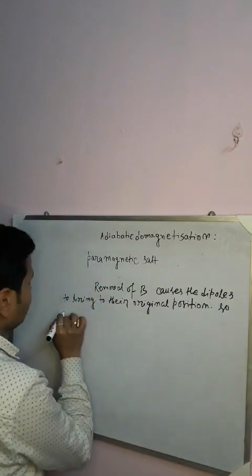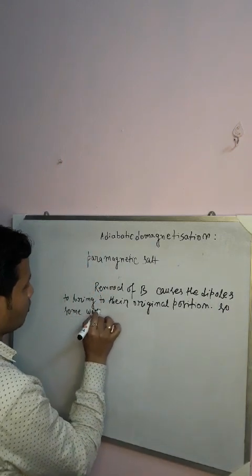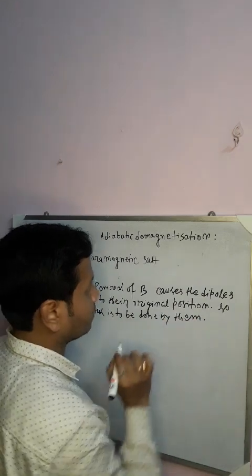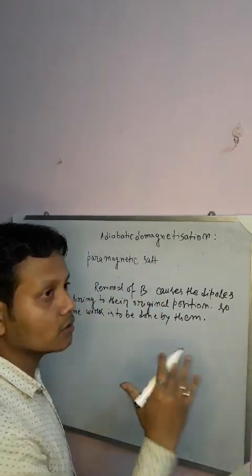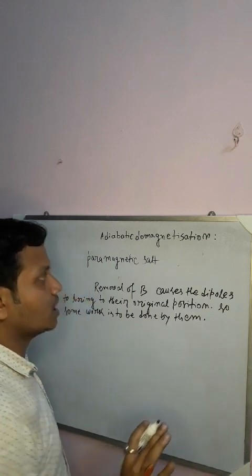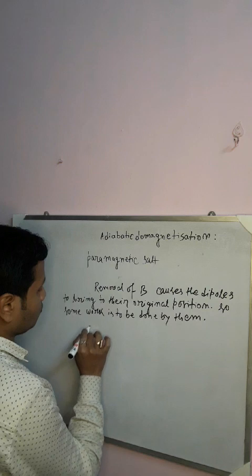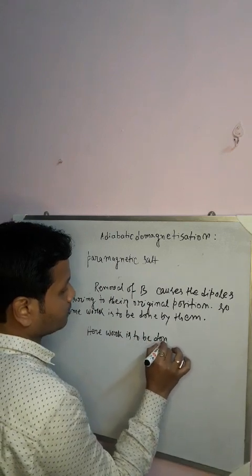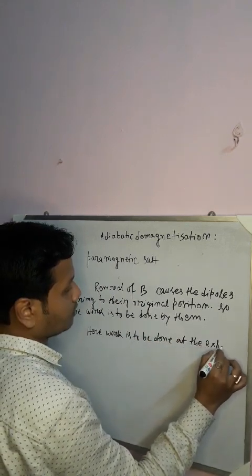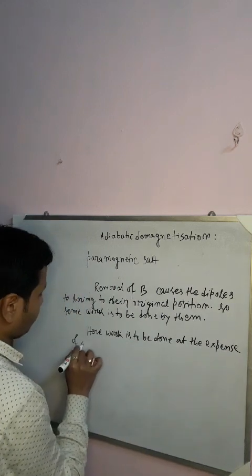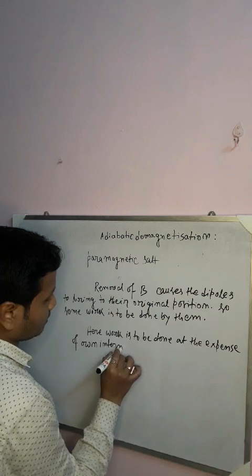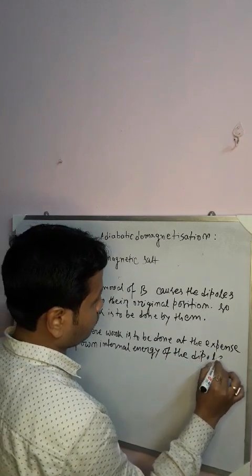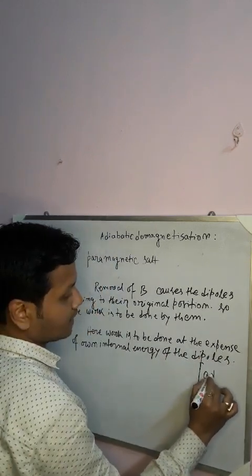So some work is to be done by them, and since the process is adiabatic, no heat enters or leaves the system, so work is done at the expense of the own internal energy of the dipoles, because the process is adiabatic.